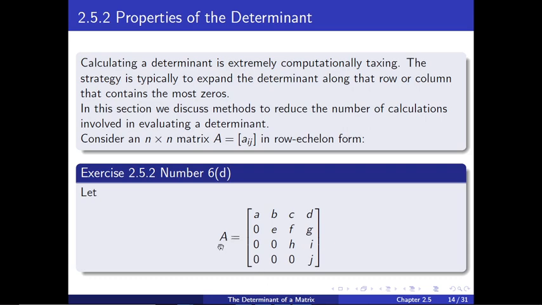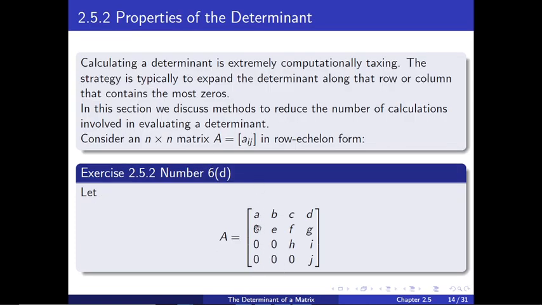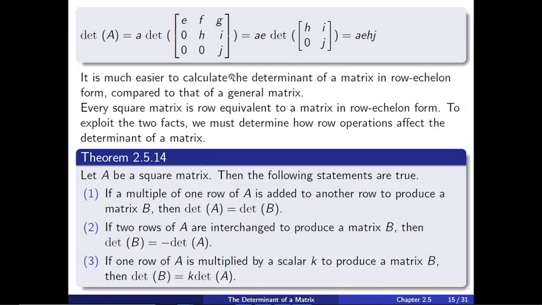Then you will notice that if A is like the example that we have, taken from exercise 2.5.2 number 6D, and we expand the determinant according to the first column, these are just zeros, so we just need A times the determinant of the remaining 3 by 3 matrix.